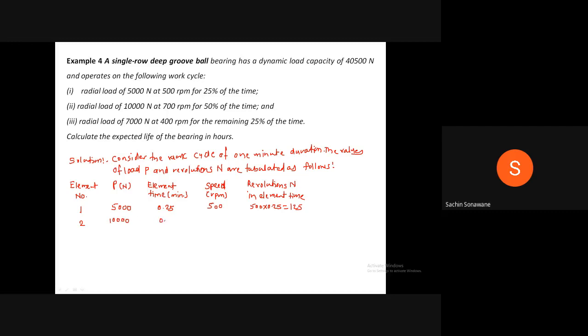Element time 50%, 0.5. RPM is 700. Therefore, 700 into 0.5 is equal to 350. Now, element number 3, 7,000, 0.25, 400. Therefore, 400 into 0.25 is equal to 100.